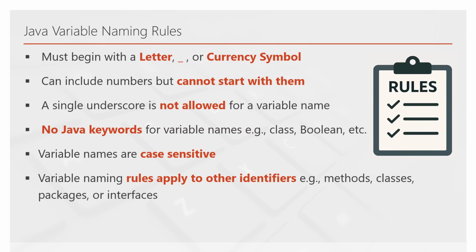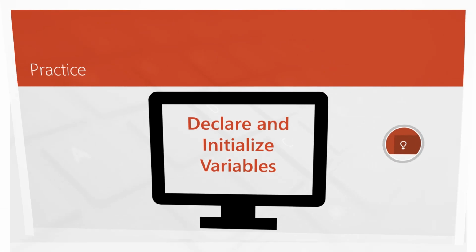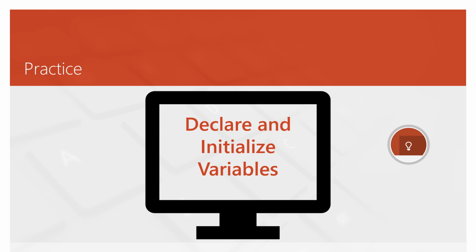You can't use Java keywords for variable names, so keywords like class or boolean are not allowed. Variable names are case sensitive, and variable naming rules apply to other identifiers such as methods, packages, interfaces, classes, and so on.